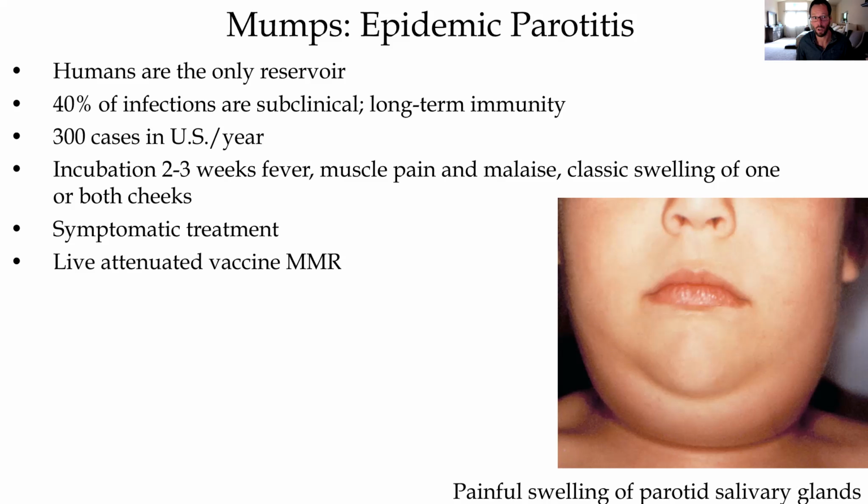Okay, it's just from being around humans. And you get this swelling. And again, it's not super common. I guess it's becoming more common now. But since the use of the MMR vaccine, most people that are adults now haven't had to deal with this.